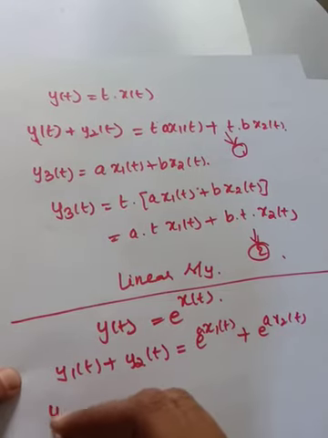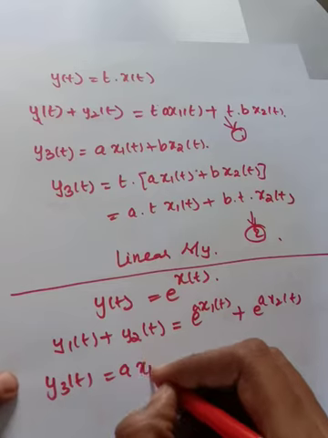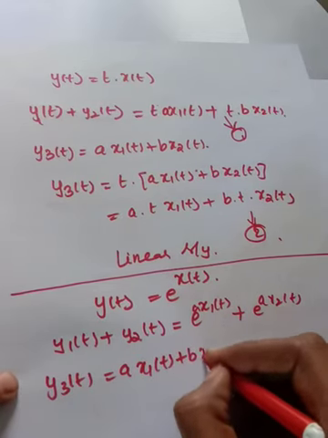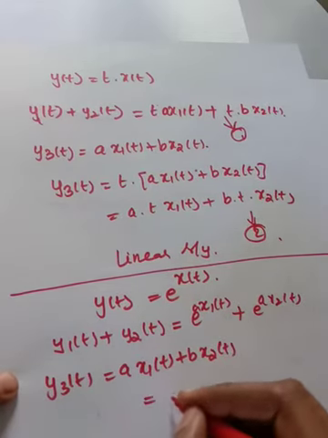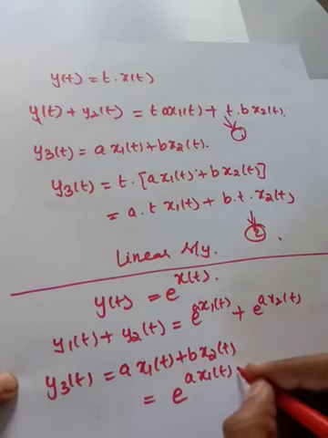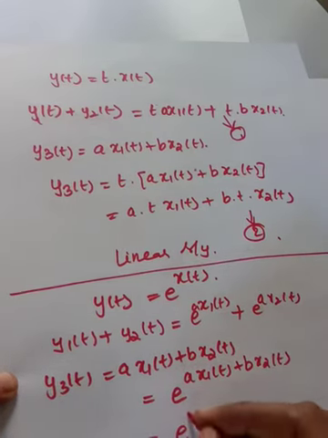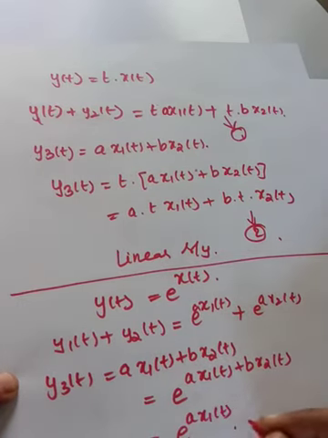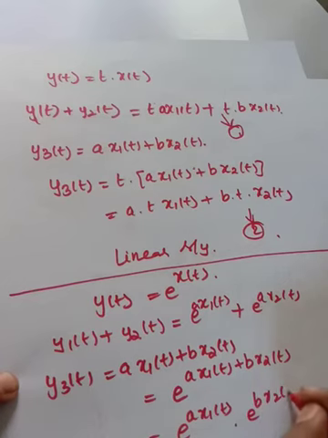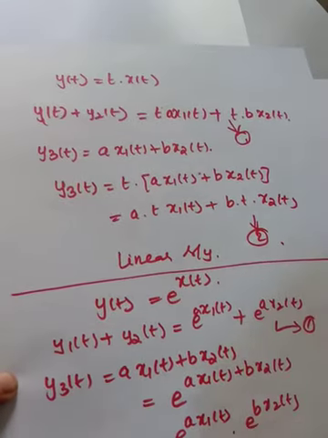Now I need to find y3 of t, which is nothing but a x1 of t plus b x2 of t applied as input. So it is equal to e to the power a x1 of t plus b x2 of t, which is e to the power a x1 of t into e to the power b x2 of t. So here this is output 1 and here it is output 2.